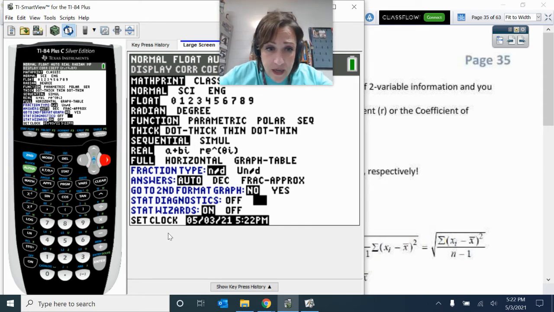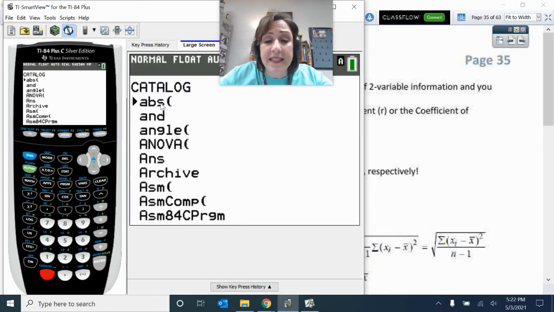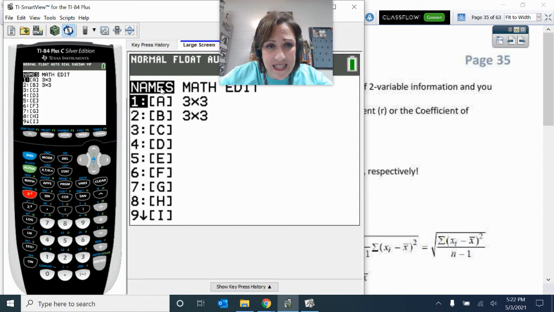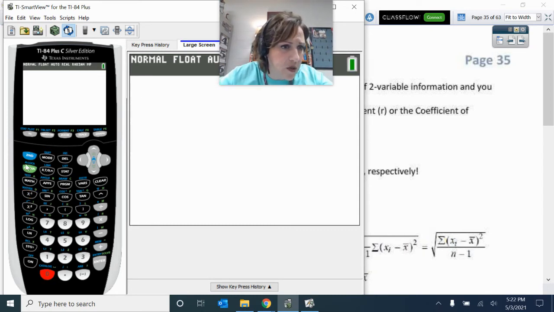Now, if you do not have this updated operating system, you can go to second 0, and this is a catalog of everything, and then you can scroll down to the letter D in the alphabet. So I did not do that correctly. You can scroll down to the letter D in the alphabet of our catalog, and okay, so it's not happening.